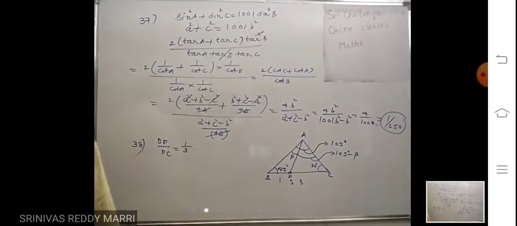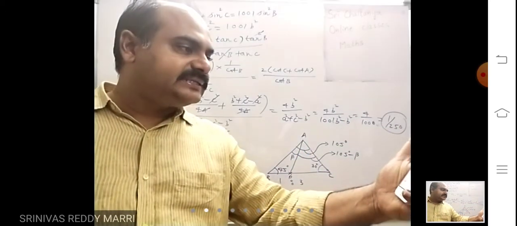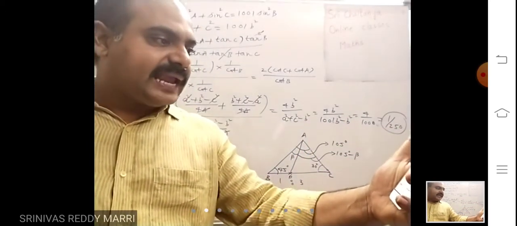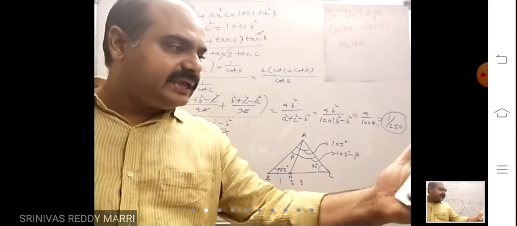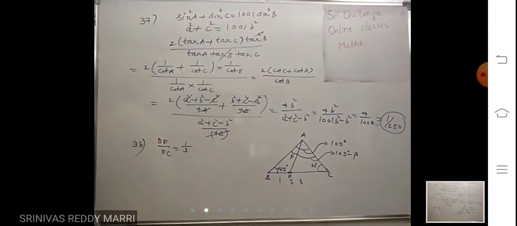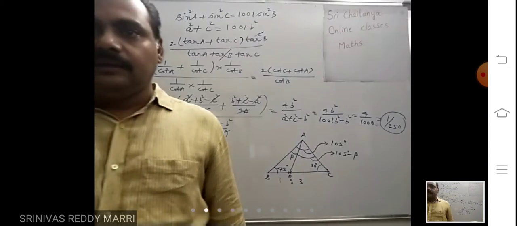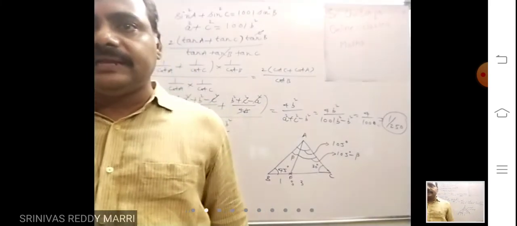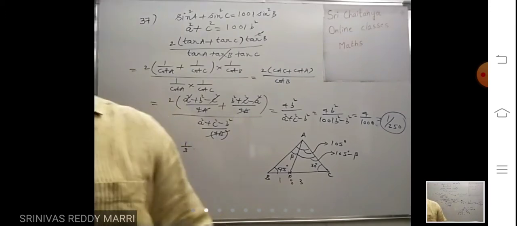Look at the first option, AB is there, AC is there. In the second option, AB is there, AC is there. That means indirectly he is asking what is the ratio AB by AC. So these two terms you have to observe from the answer, and calculate them.